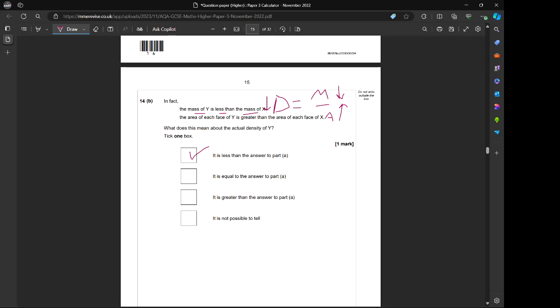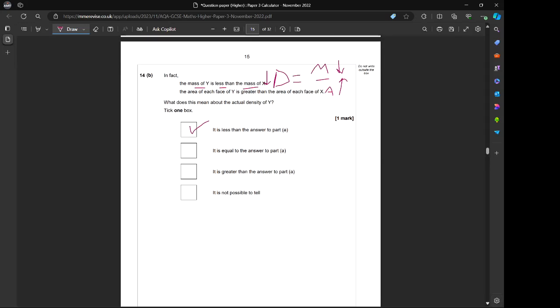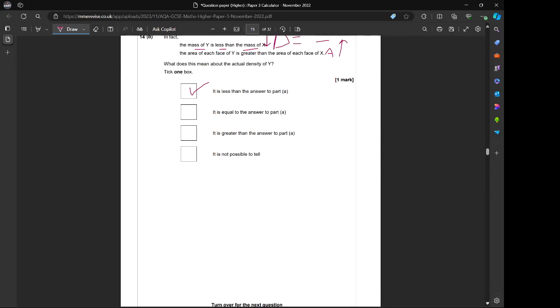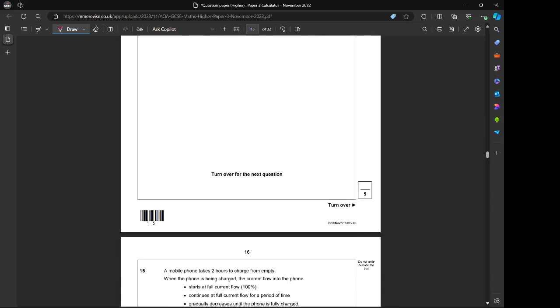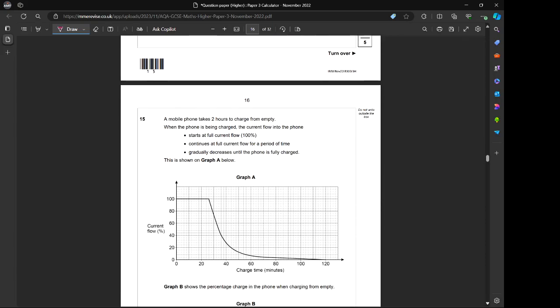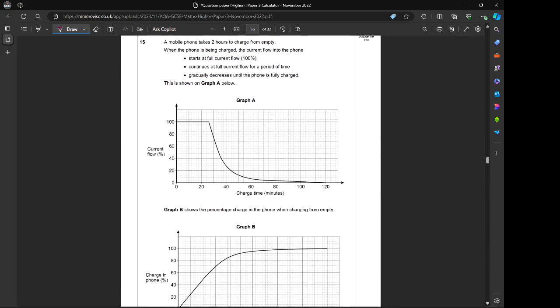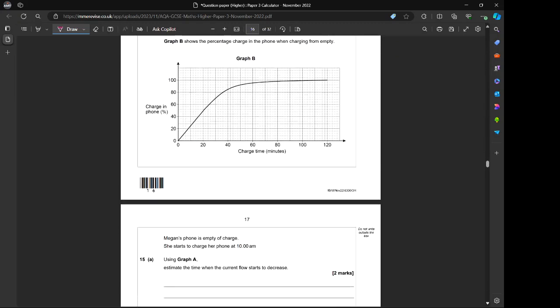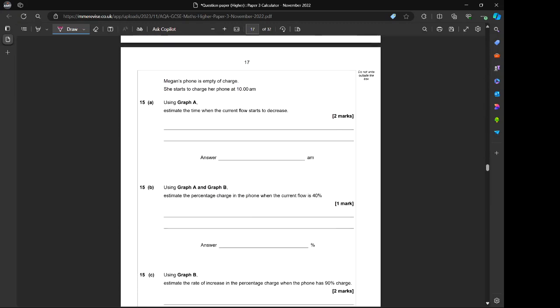So does that make sense, guys? Any questions? This one I'm going to skip, because it requires you to print out the actual paper.